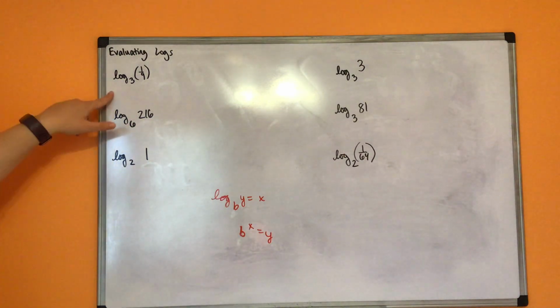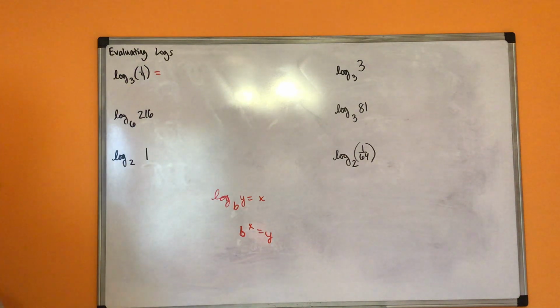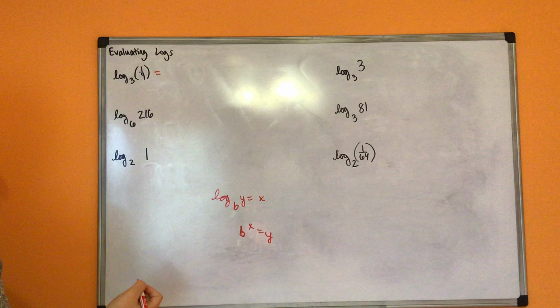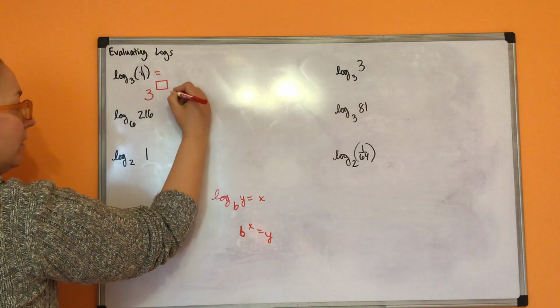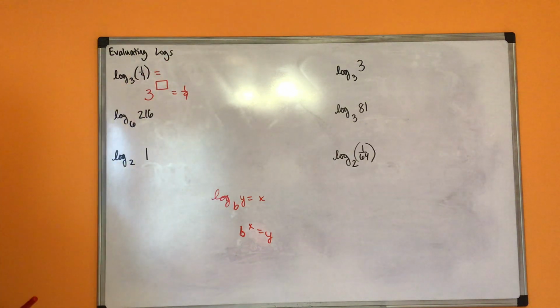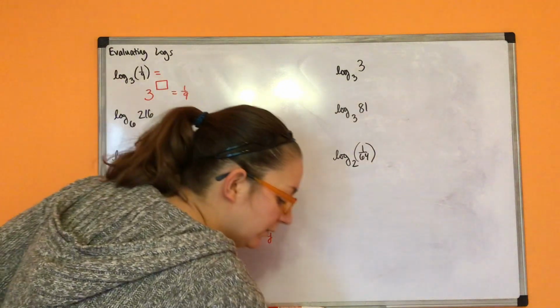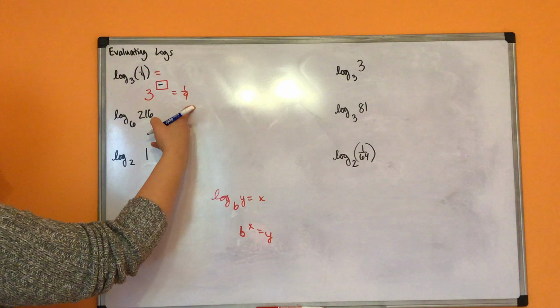So using number 1 as an example here, we want to fill in what this log is equal to. What is log base 3 of 1 over 9? So another way to think of that is 3 to the something equals 1 over 9. What exponent would I need to put on 3 to turn that into 1 over 9? Well, first of all, we know it's going to be a negative exponent because we're dealing with a fraction here.